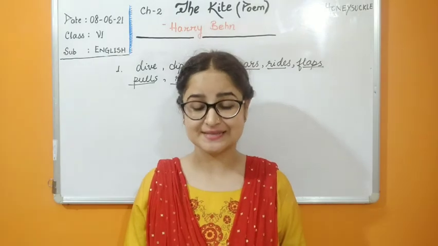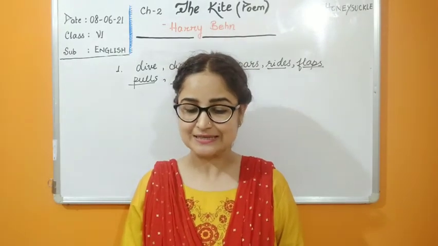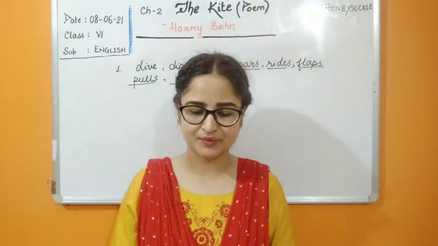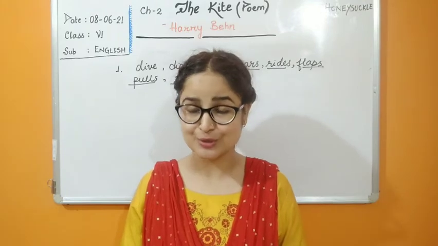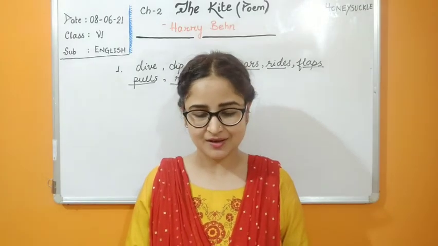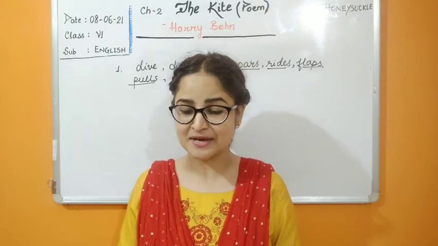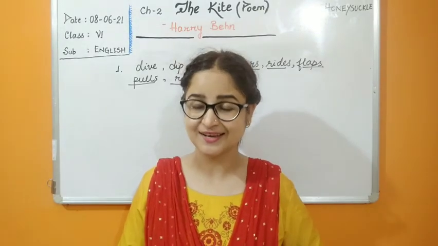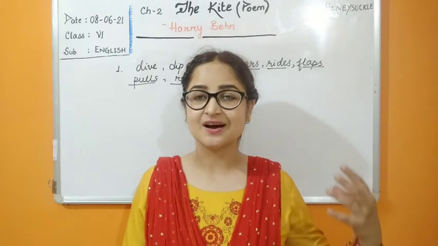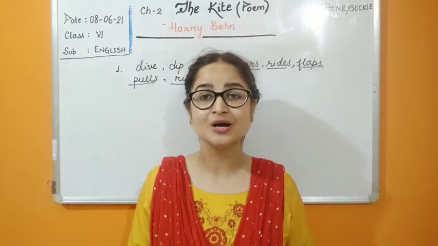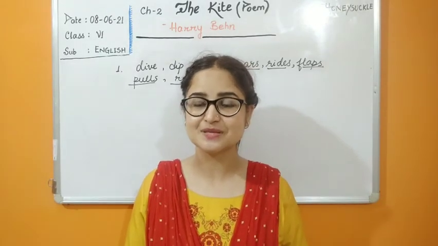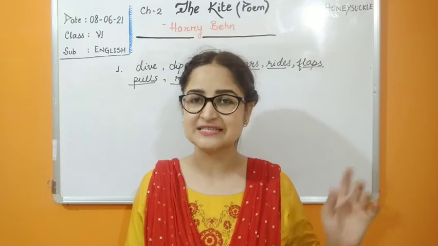Now moving to the second question. Read these lines from the poem. Then soars like a ship with only a sail. The movement of the tailless kite is compared to a ship with a sail. Tailless means it doesn't have a tail.